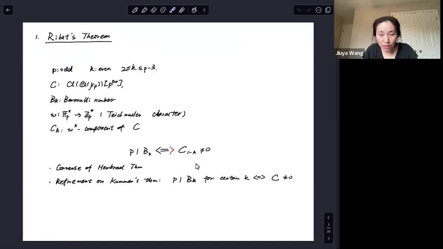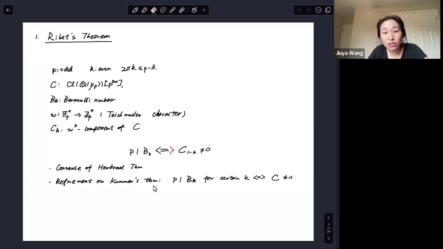starts from Ribet's theorem, which is a converse of the Herbrand theorem. So let p be an odd prime number, and k an even integer between 2 and p minus 3. We look at the number field that is Q joining the p-th roots of unity, and let C be the p-part of its class group.